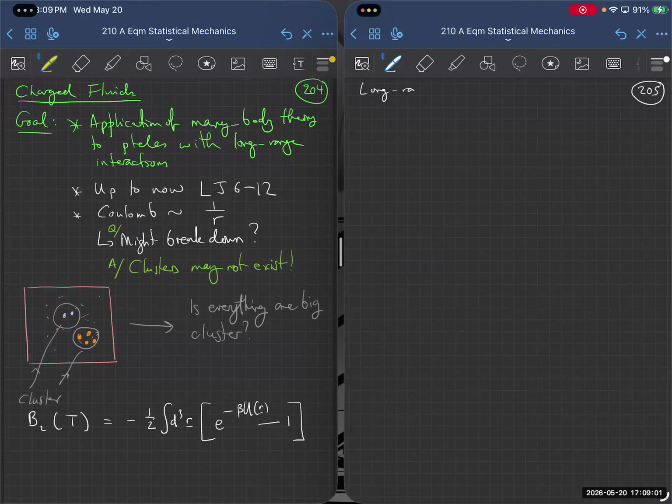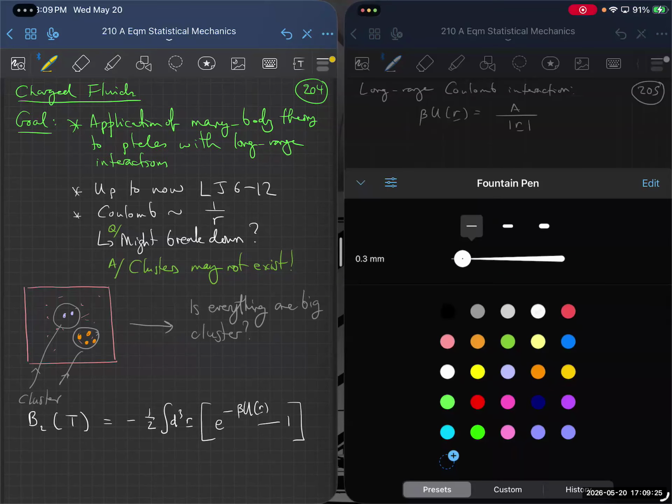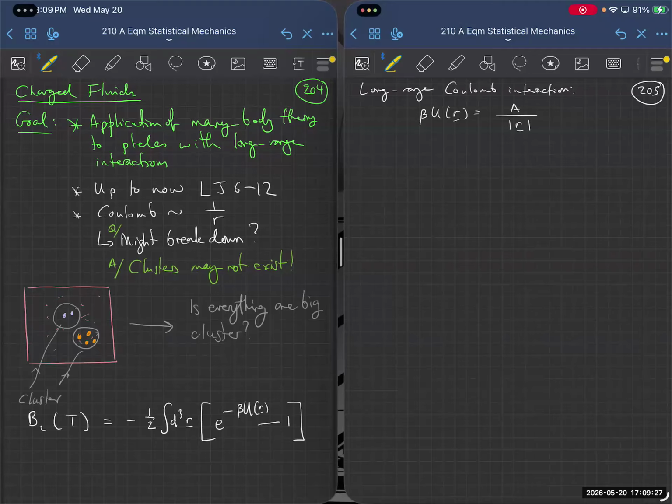So let's suppose now that we say, well, okay, a long range Coulomb interaction between charged particles in, say, an electrolyte or something like that. So I'm going to just say that beta u of r is some number divided by the absolute value of r. Now I compute the Mayer f function.